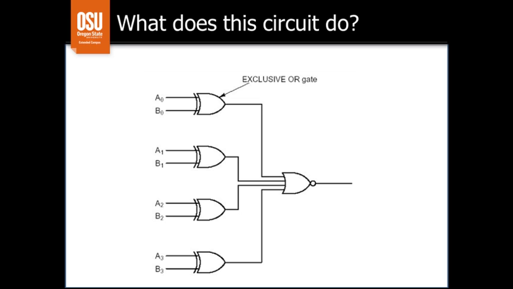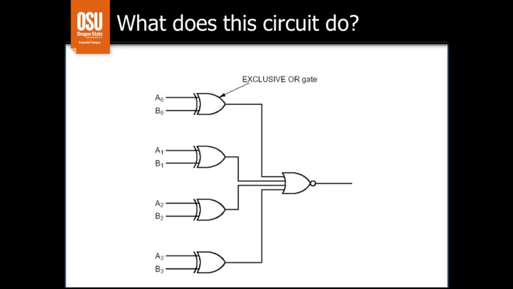So when we look at the output here from the 4-input NOR gate, this would output a 1 if any of the bits coming in is equal to 1. Otherwise, it would produce a 0.